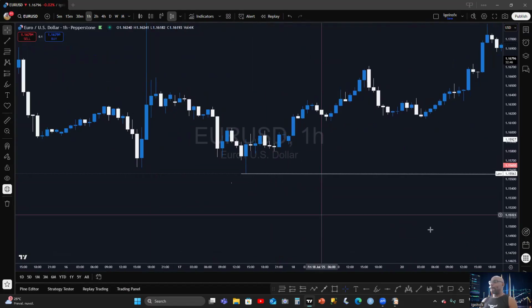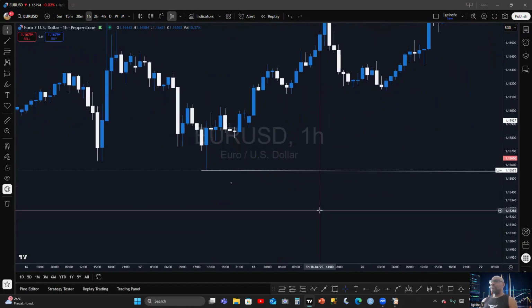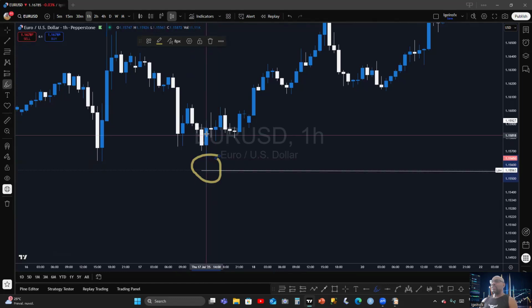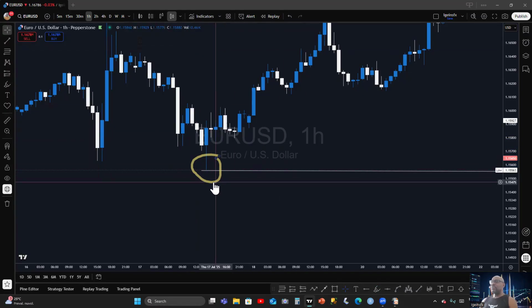Something like this is a hammer. It might not be textbook, but this is a hammer. It shows price came down to this support level, and immediately rejected.